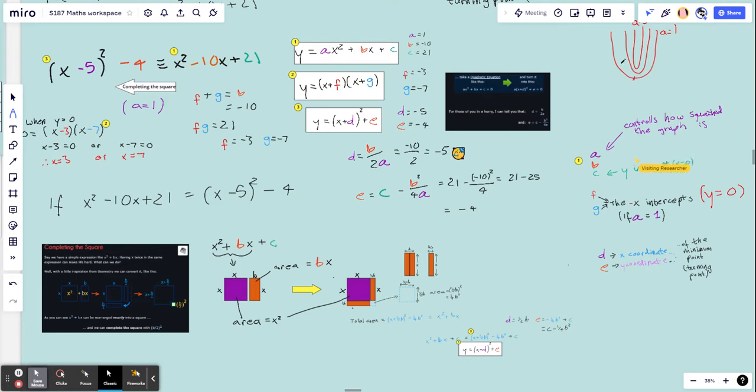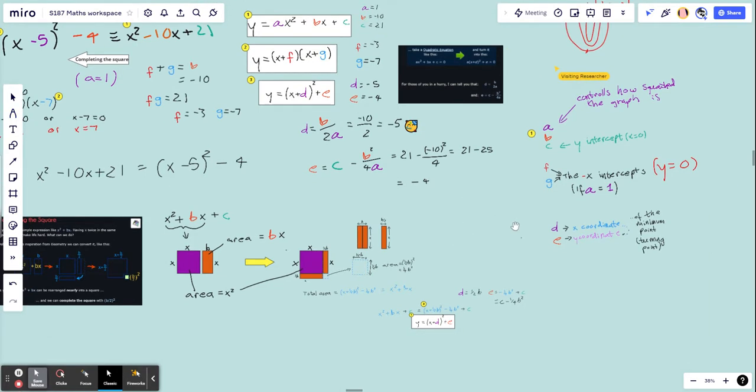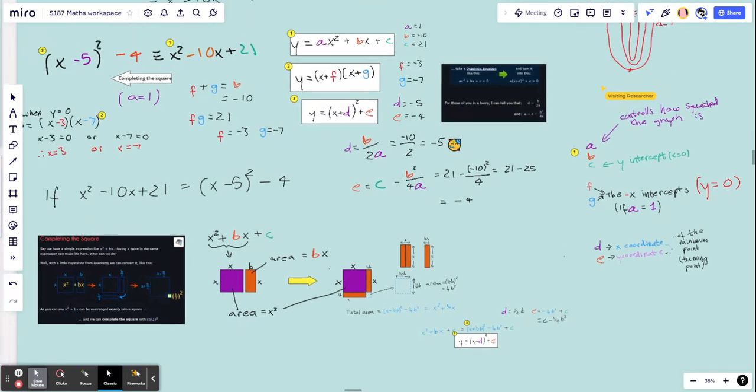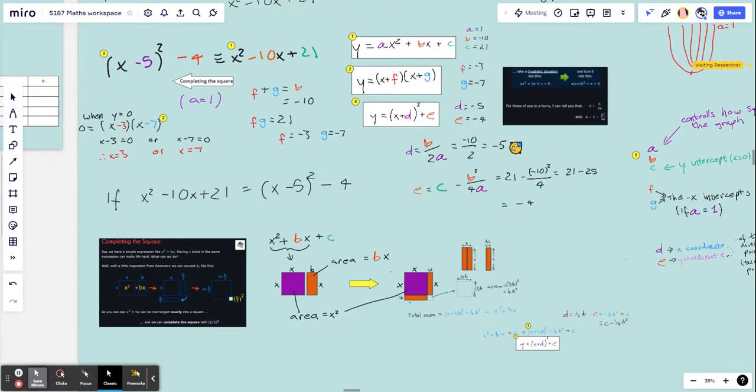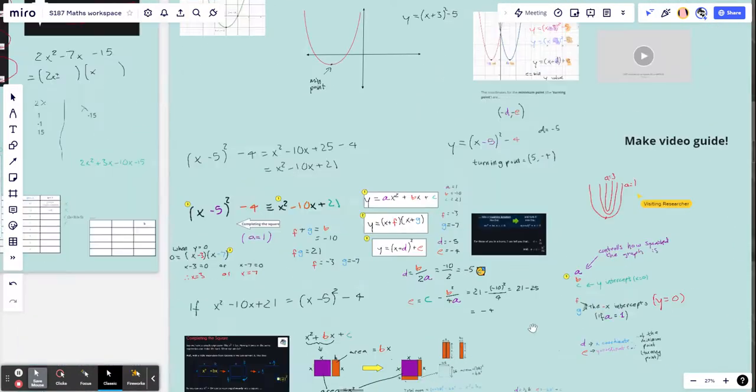It's called the turning point because before it, the curve is going down, and after that point it's going up, so it changed direction at that point. The D, the one inside the bracket, is the x-coordinate, and the E is the y-coordinate. Actually, I think one of them is the negative, so we need to confirm that in a moment.